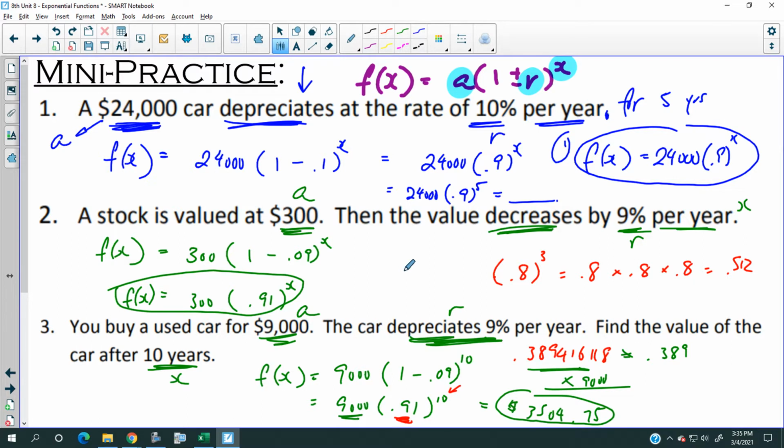But what I want to say is that 9% is actually very low for depreciation. What you would consider a medium depreciation is around 15%. So that's kind of crazy. The moral of the story of that question is, try not to buy brand new cars, because the moment you drive it out of the lot, you lose a ton of money.